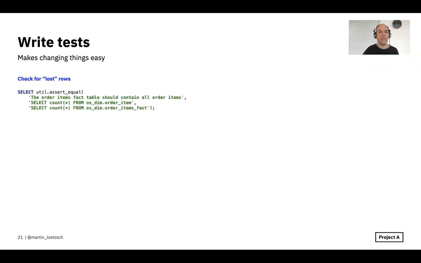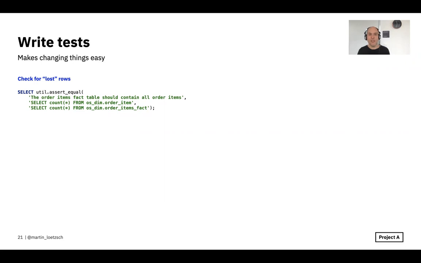So in Postgres, you could easily create a function that tests whether the results of two select statements are the same. Here, we have an order item table in our dimensional schema, which we checked for referential consistency and did other tests on.